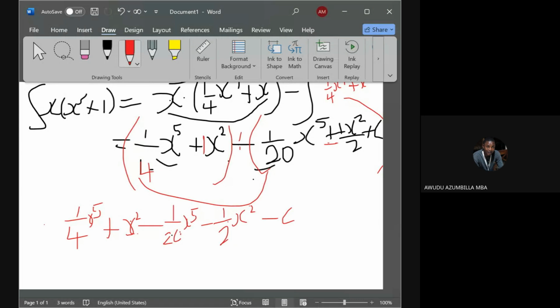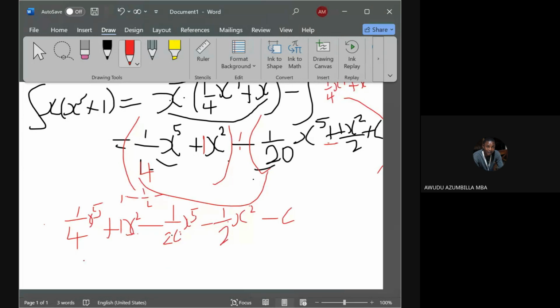This is standing alone, so it's 1. And this is half. So it's going to be 1 minus half, which gives us half, because they are common.